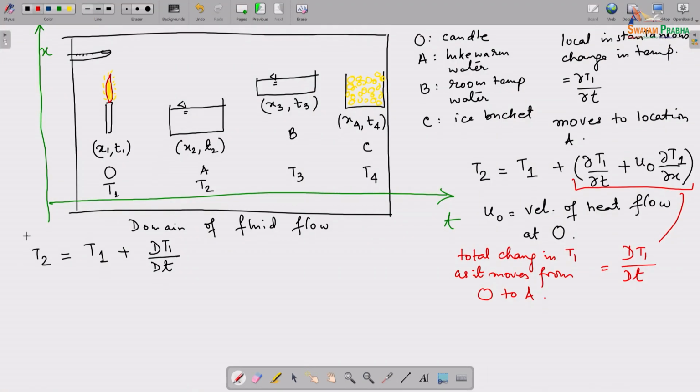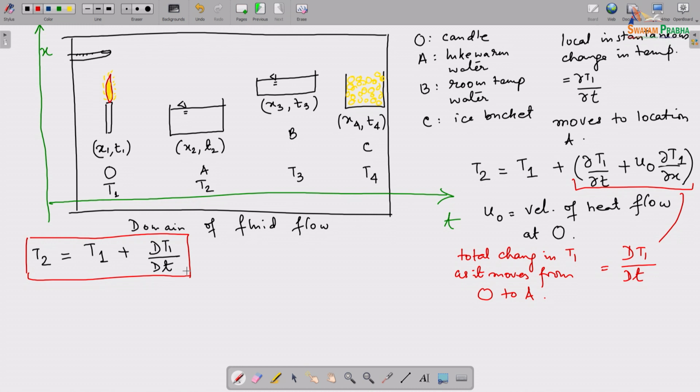And what will that change be? Now let's do that. So this is the first step.